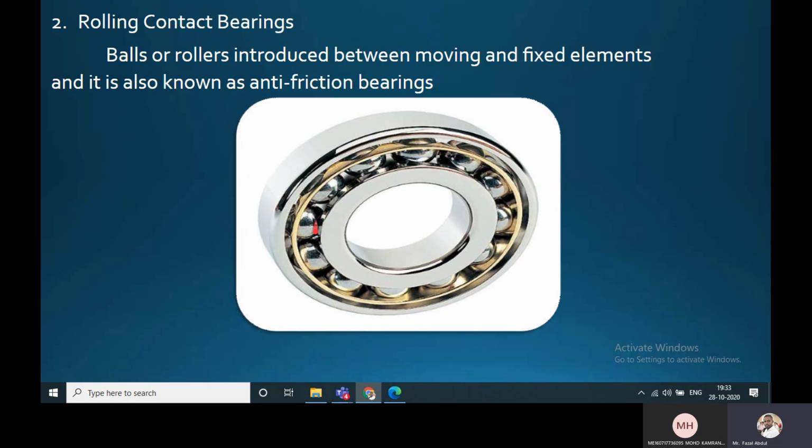Between these two, balls are present. These balls are rolling elements. If the balls are present in the rolling contact bearing, that is known as a ball bearing. Instead of balls, if rollers are there, that type of rolling contact bearing is known as a roller bearing.